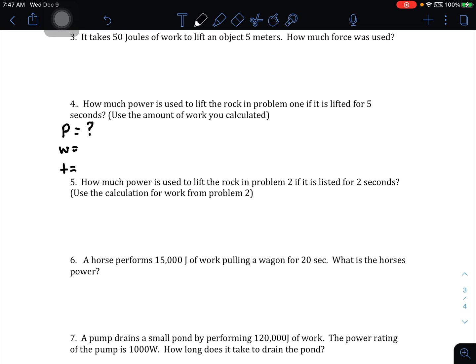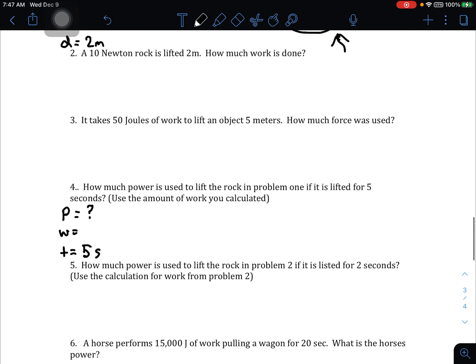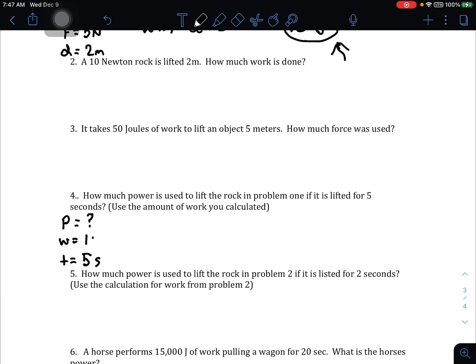If the rock in problem 1 is lifted for 5 seconds, so 5 seconds, and it says use the amount of work we calculated. So there's problem 1, we calculated that we did 10 joules of work in order to lift it.